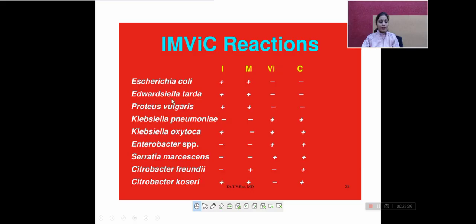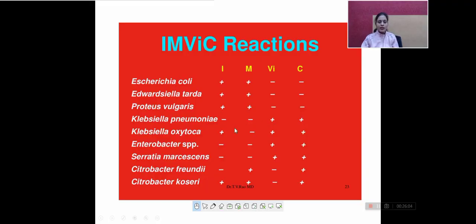Klebsiella oxytoca: the indole test is positive, the methyl red test is negative, the VP test is positive, and the citrate test is positive. Enterobacter species: the indole test is negative, the methyl red test is also negative, the VP test is positive, and the citrate test is positive.